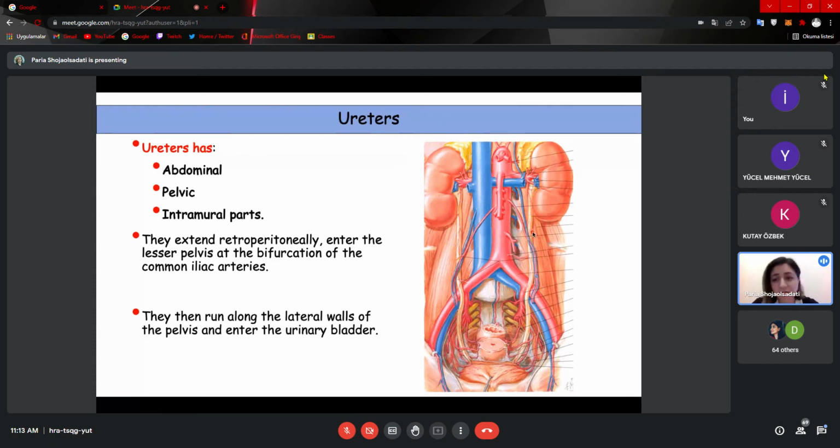It goes down laterally on the anterior surface of the dorsal abdominal muscle, comes down to the level of the pelvic brim or pelvic inlet, crosses the common iliac artery at the level of the bifurcation, goes inside the pelvis and enters into the wall of the bladder.